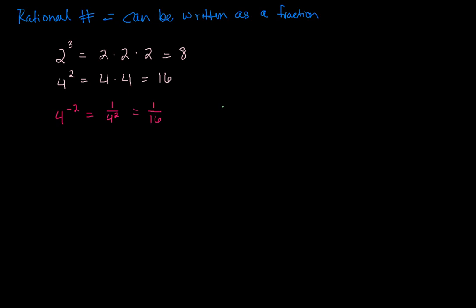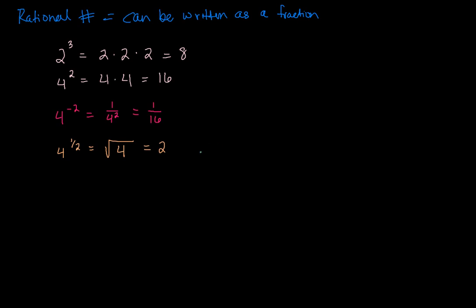But let's say that they gave you a fraction as your exponent instead. So instead of 4 to the negative 2, let's say they gave you 4 to the 1/2. Now this would be the same thing as the square root of 4, which we know is 2.